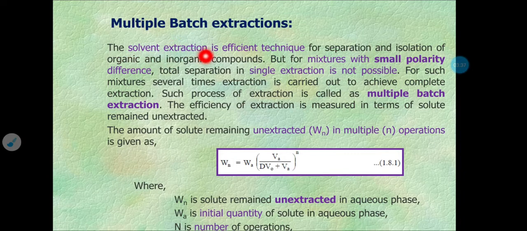Solvent extraction is an efficient technique for the separation and isolation of organic and inorganic compounds. But for a mixture with a small polarity difference between the molecules, total separation is not achieved by a single extraction.